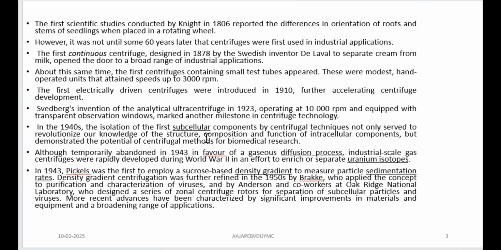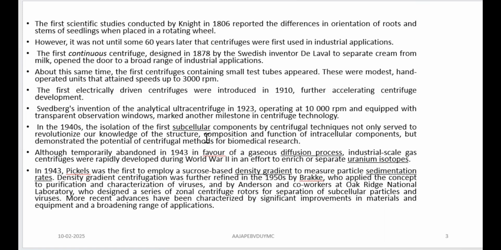It was developed in the year 1940. Of course, in 1943, the gaseous diffusion process. Have you ever heard about it? So instead of liquids, you are talking about a gaseous diffusion process, which is used for separation.